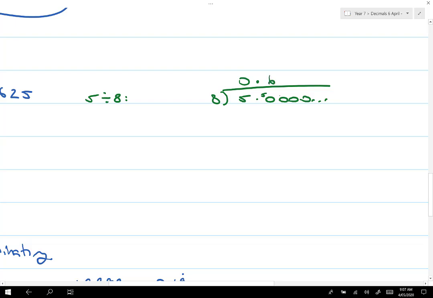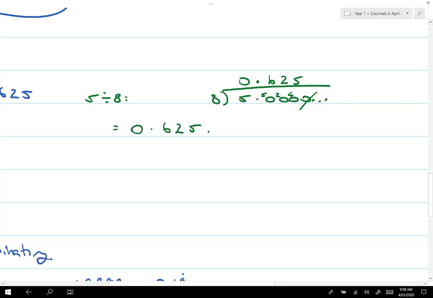That gives me 48, remainder 2. 8 into 20, 2 times, remainder 4. 8 into 40, 5 times, no remainder. No remainder means I'm finished, right? So that makes it 0.625.